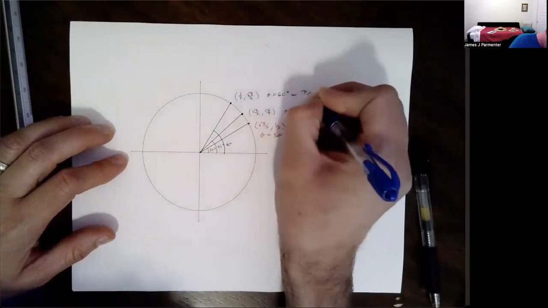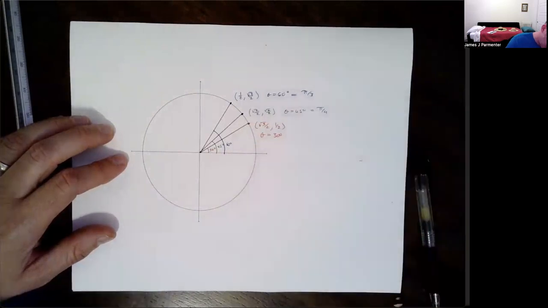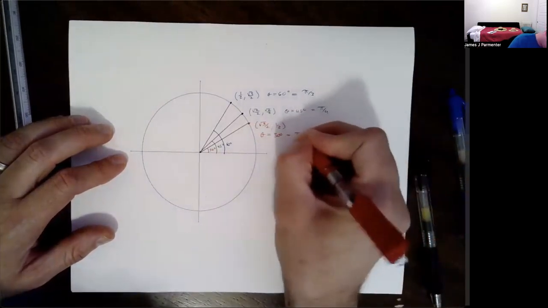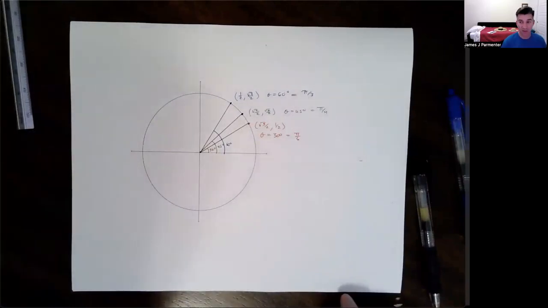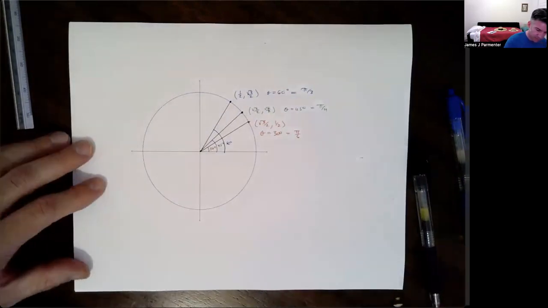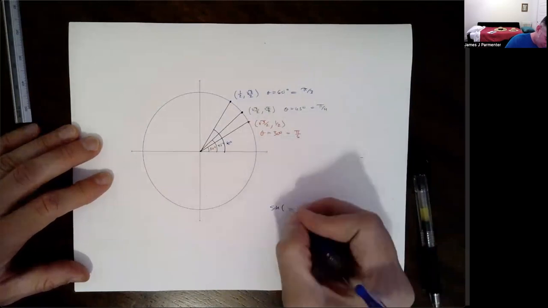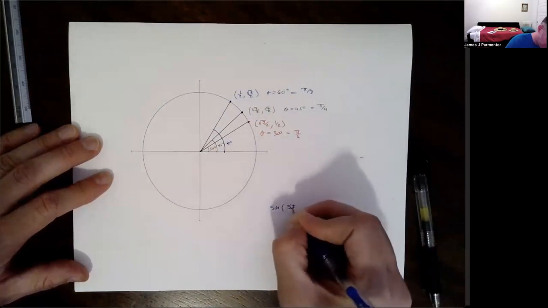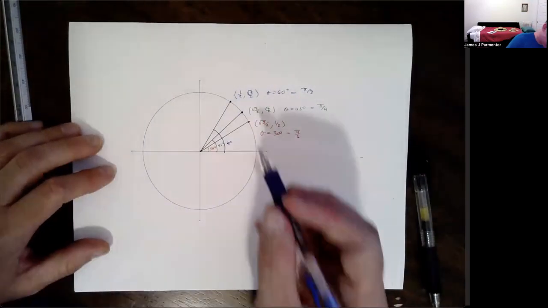Pi over 3, pi over 4. Okay. So if you memorize all those three, then you can certainly just flip them around to know what the other three are. So for example, if I said, what's sine of 5 pi over 3? Well, I know sine of pi over 3 is root 3 over 2.